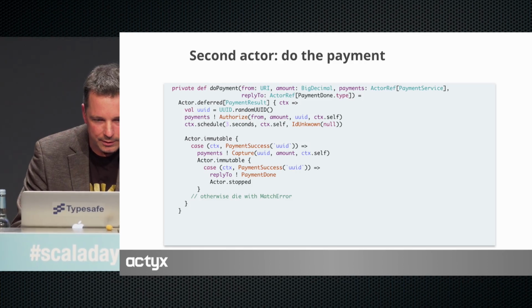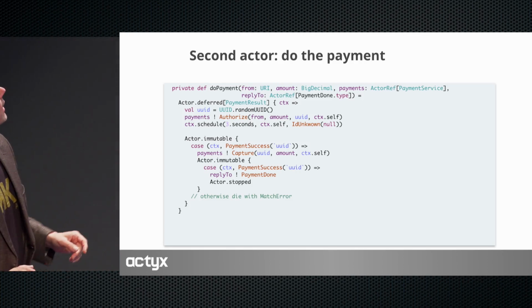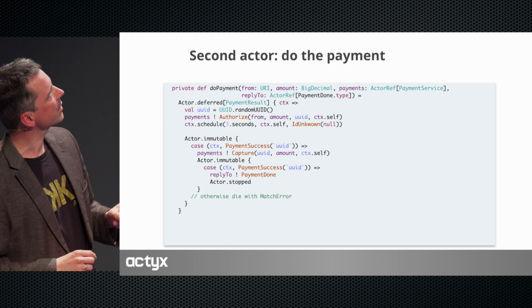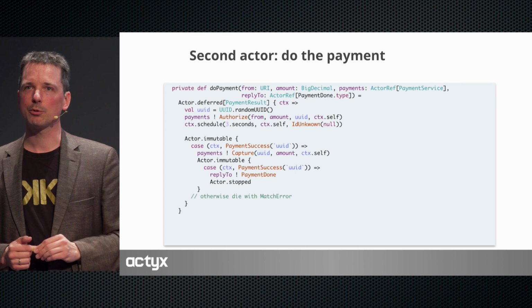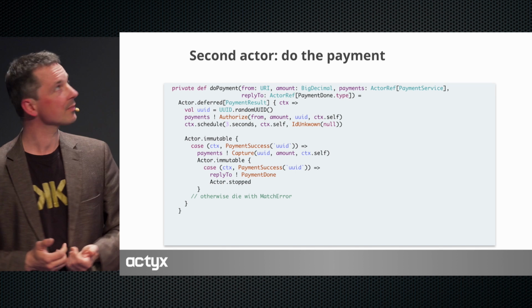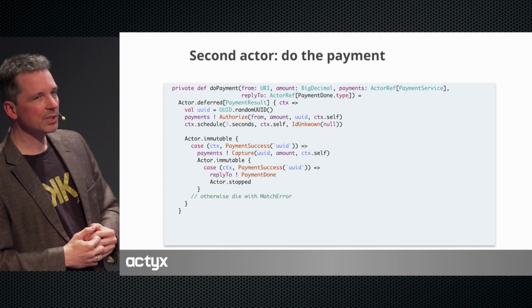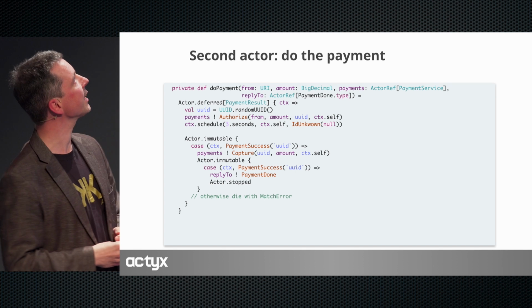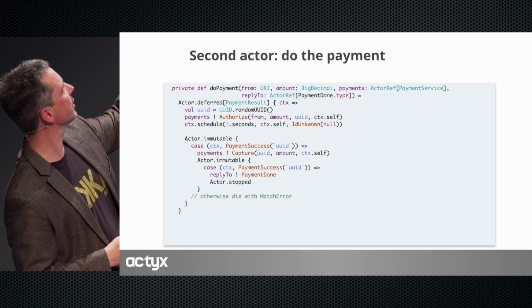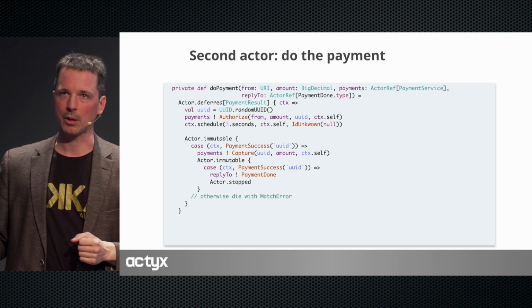No, so the thing is, if you don't want to use nulls, let me go back to the slide that is infested by them. Where was it? One of these, I think. Yeah, so we would have to make another message that is the received, the timeout message, and it would be pretty painless in Dotty, because I could say this actor.deferred is of type payment result or timeout.